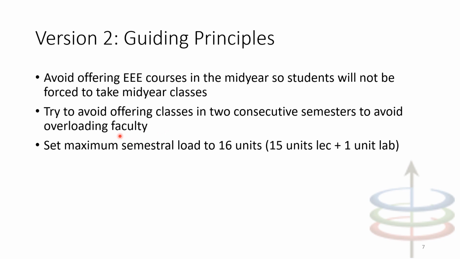To also avoid overloading the faculty, we try to avoid offering courses in consecutive semesters. Okay? And then after some review, we set the semestral load to 16 units max. That would be something like 15 units lecture with an additional 1 unit lab, which by design is supposed to complement the core requisite lecture courses.